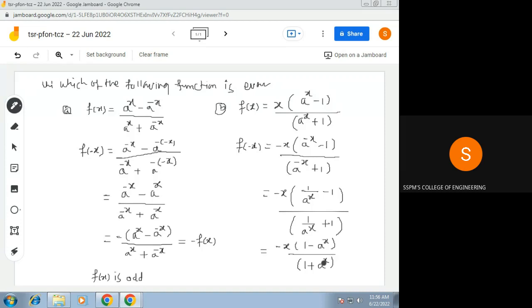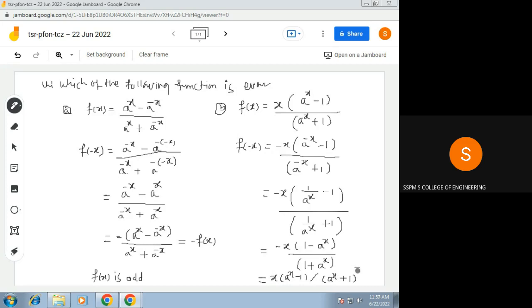And if you take minus as common from this factor, this minus and that minus become plus. So x times e raised to x minus 1 upon e raised to x plus 1.